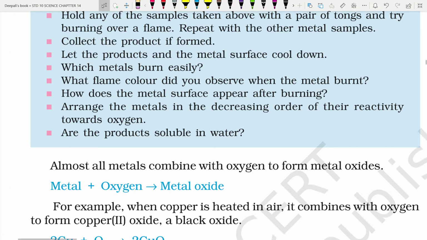Which metal burns easily? Now, you will see that magnesium burns easily in air than the other metals. What color do sodium, magnesium, copper, and aluminum impart to the oxidizing flame? So, we see that sodium, Na, gives yellow color.